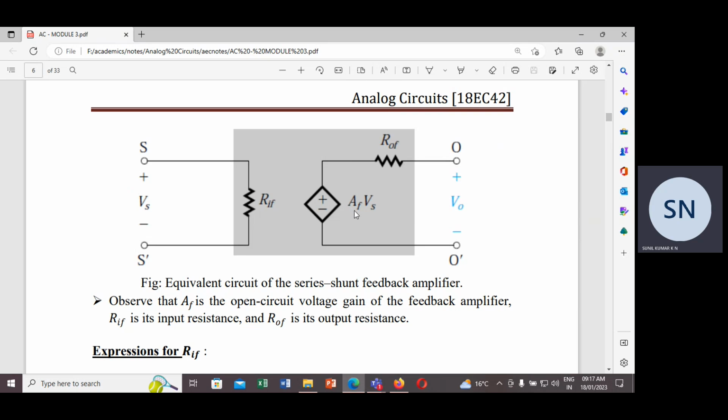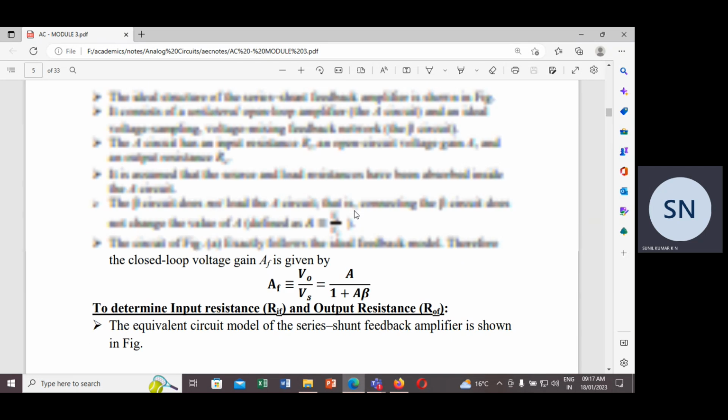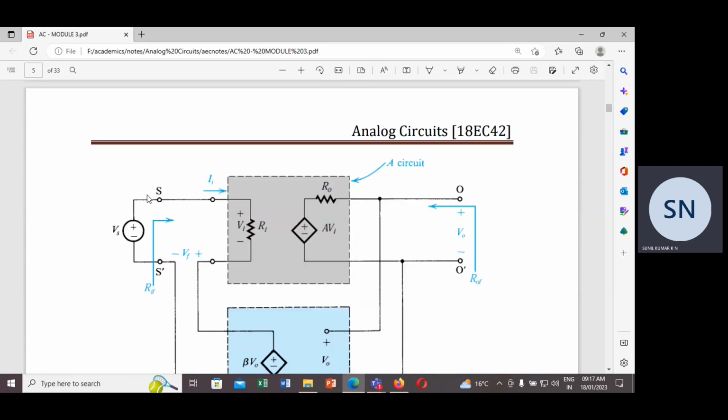Previously, if the feedback circuit was not there, the amplifier circuit has input resistance Ri, R0 as output resistance, and the gain of the amplifier is denoted as A times Vi. This is without feedback, because we have assumed that the feedback circuit beta does not load the amplifier, and this is the amplifier circuit.